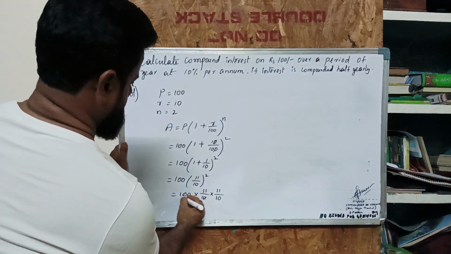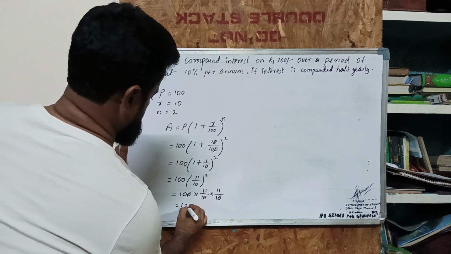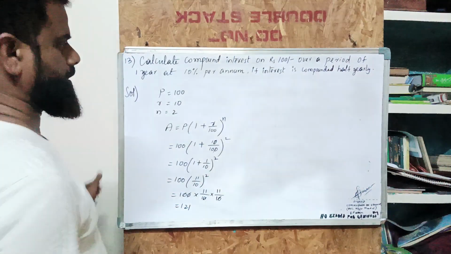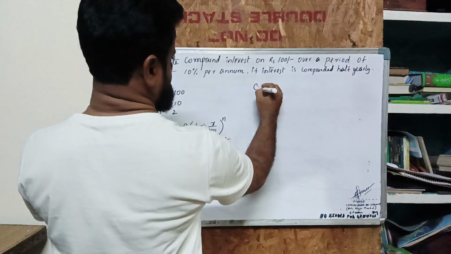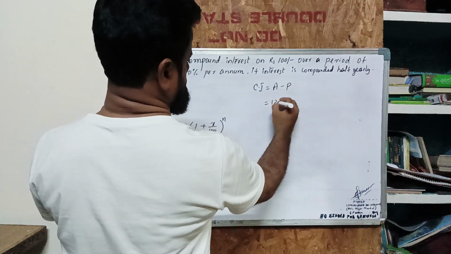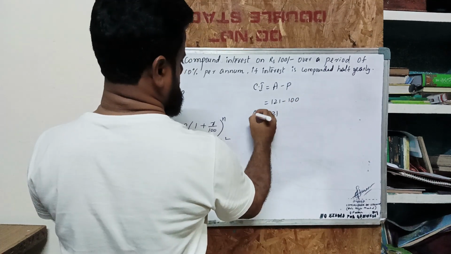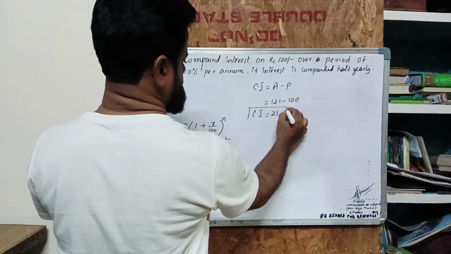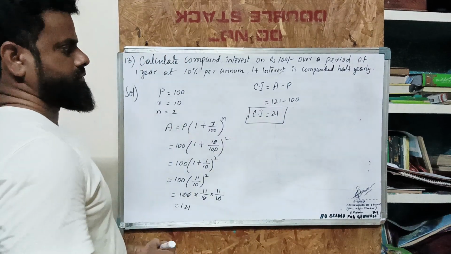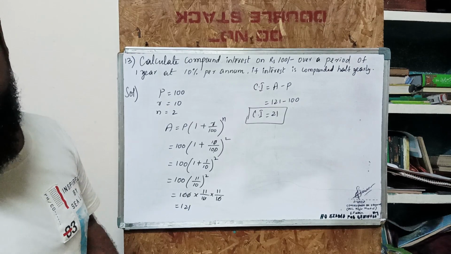Now these zeros get cancelled. 11 into 11 is 121. So compound interest will be equal to amount minus principal, that is 121 minus 100. That comes as 21. Okay. That was question number 13.